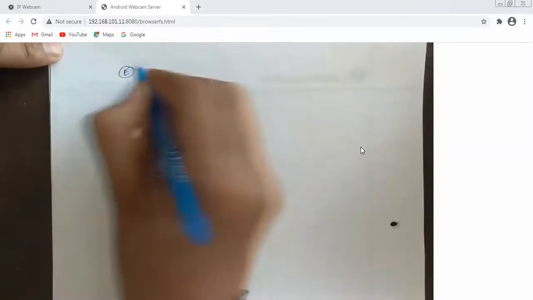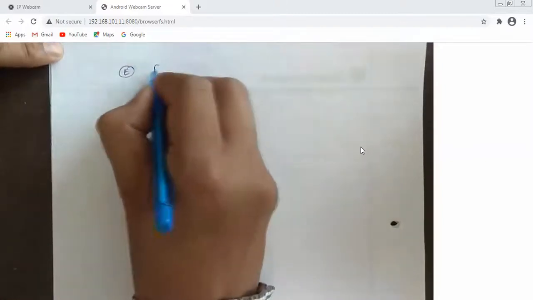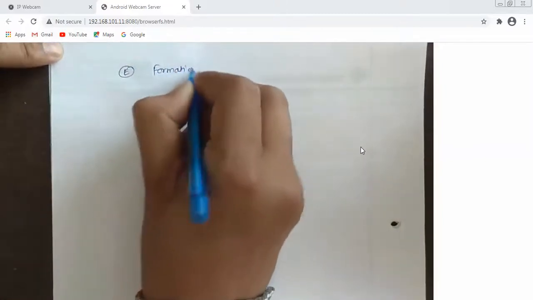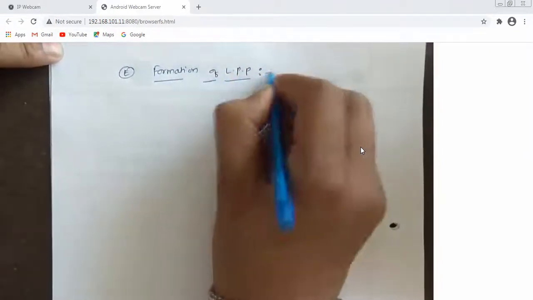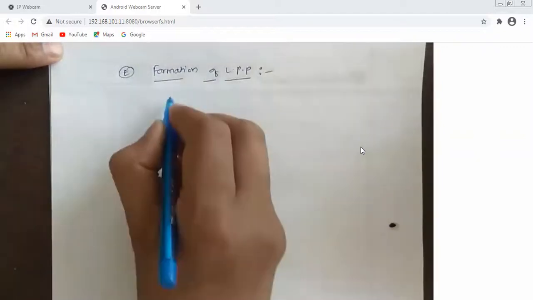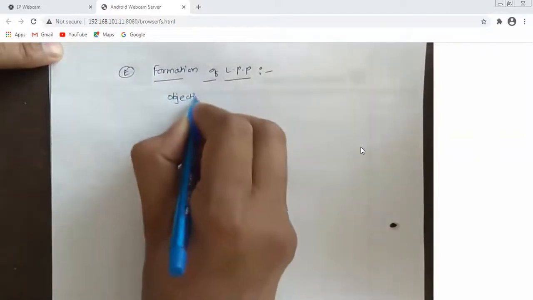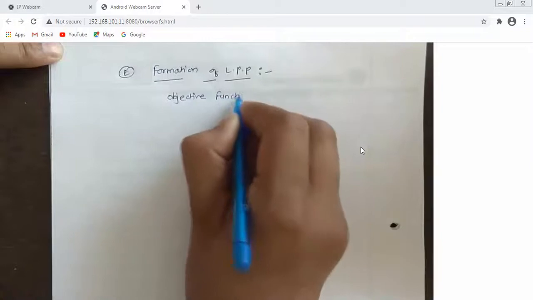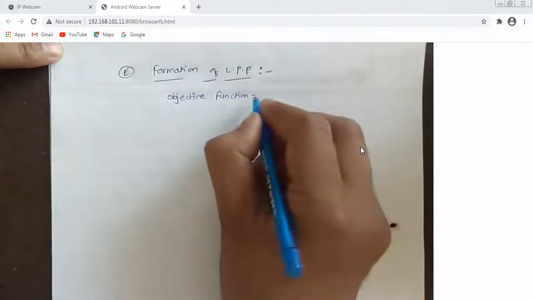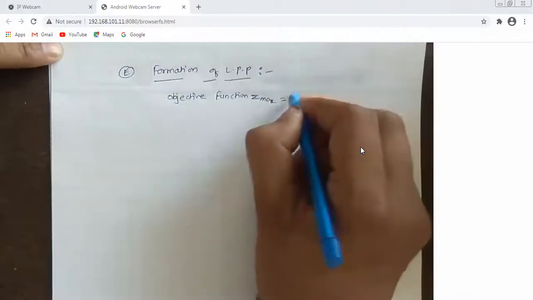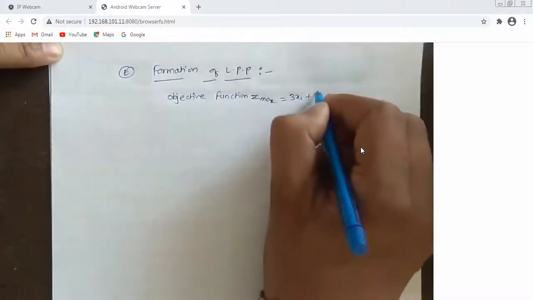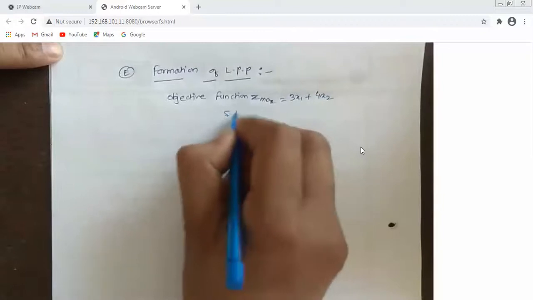Now the fourth step, that is step number E. What is that fourth step? Formation of LPP. Whatever we did till now, we have to just summarize. So first is the objective function, that is Z max is equal to 3x1 plus 4x2, subjected to constraints.